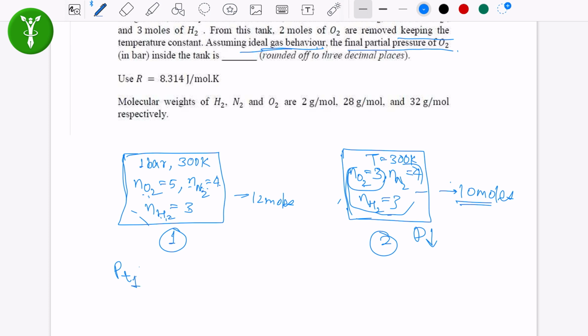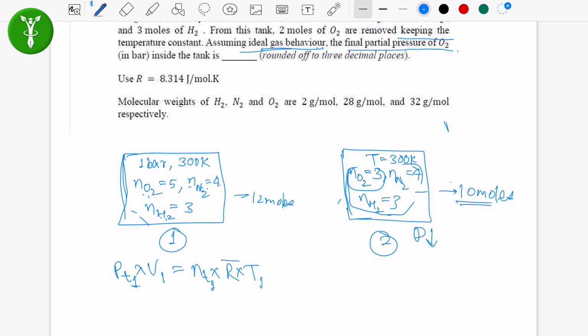So I'm applying it to the total, assuming the mixture of ideal gases as one ideal gas. We will see P_T1 V1 equals N_T1, the total number of moles at stage 1, R bar T1.